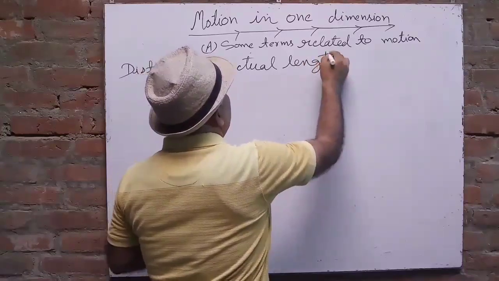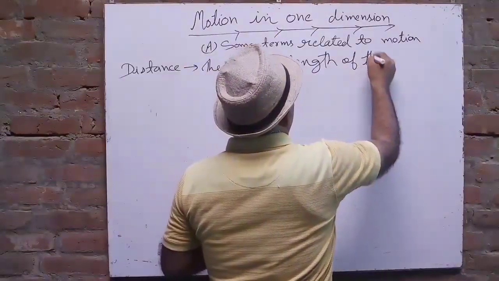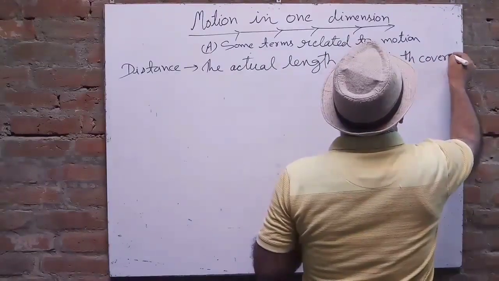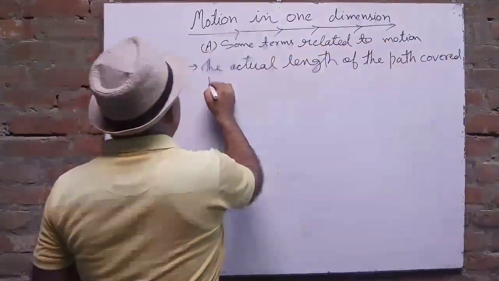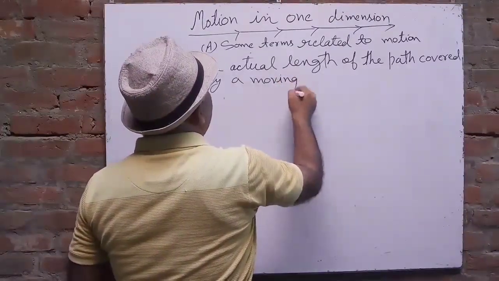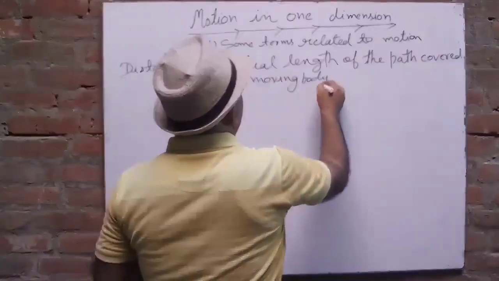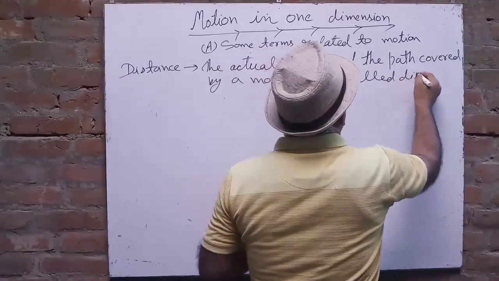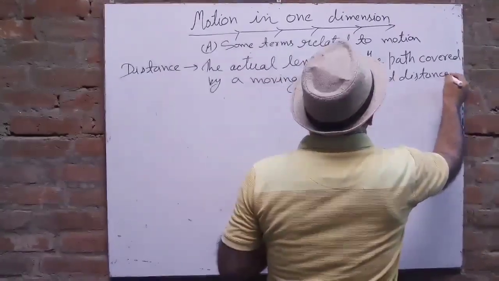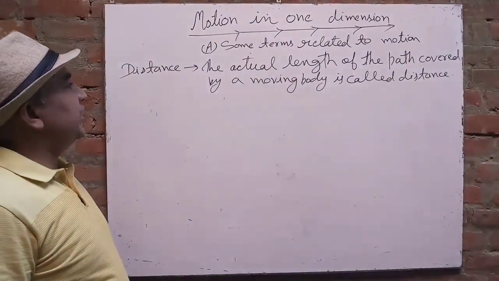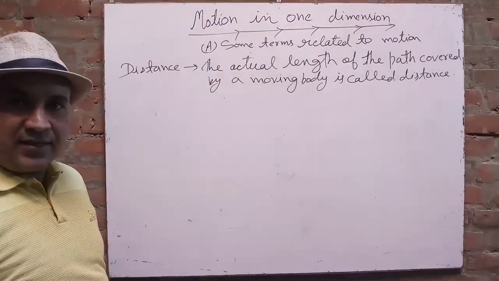So what is distance? The actual length of the path covered by a moving body is called distance.